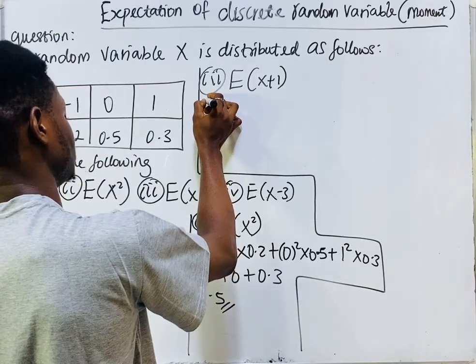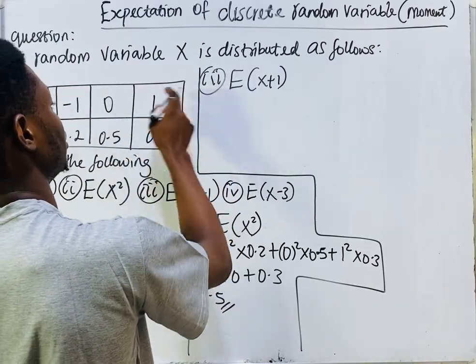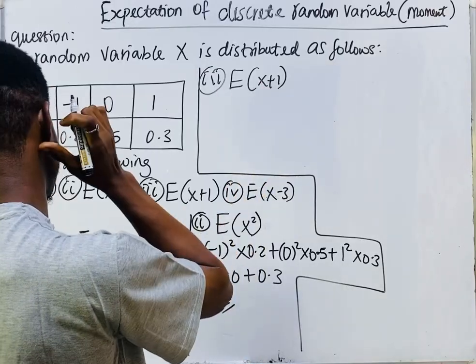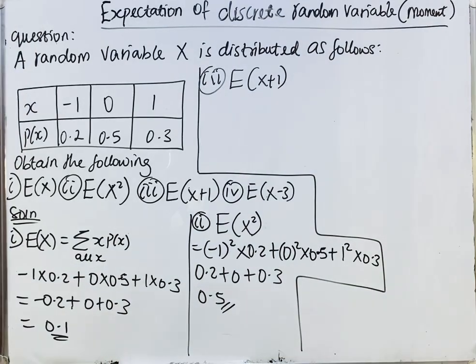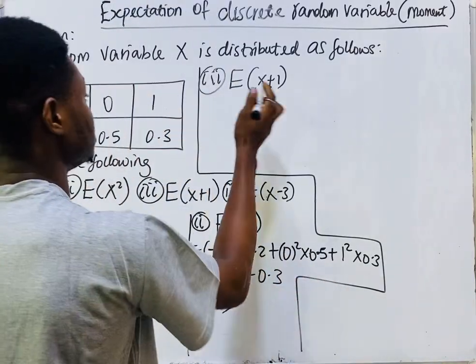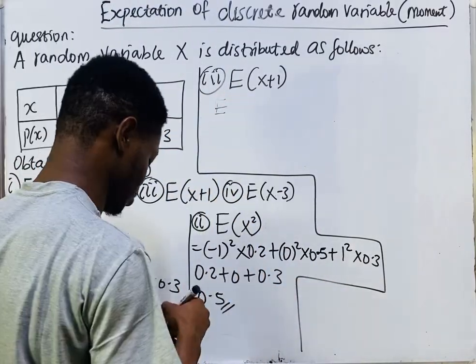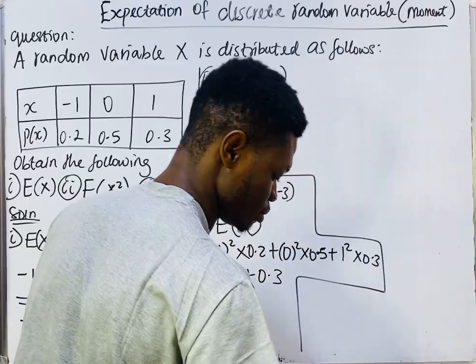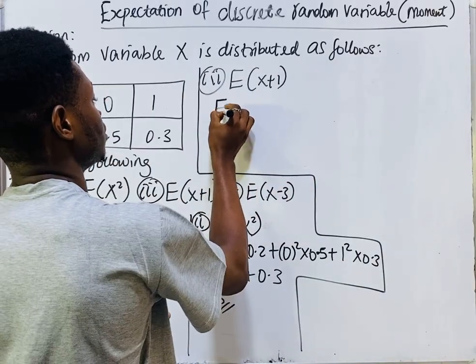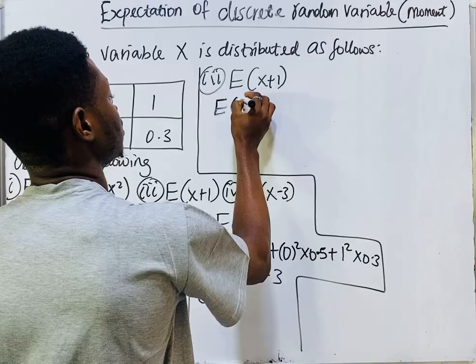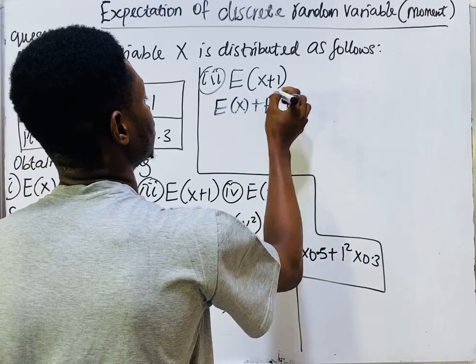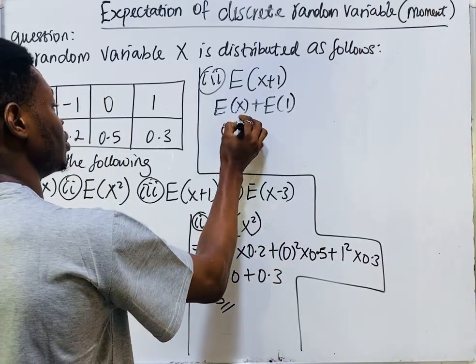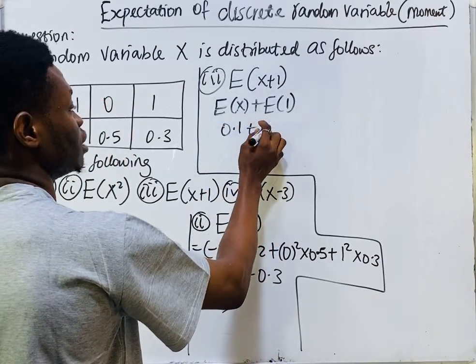You can write this as the expectation of x plus the expectation of 1. So expectation of x is 0.1, plus expectation of 1.